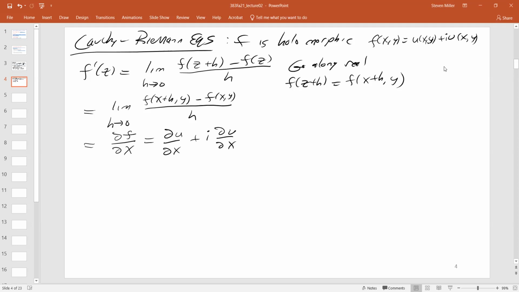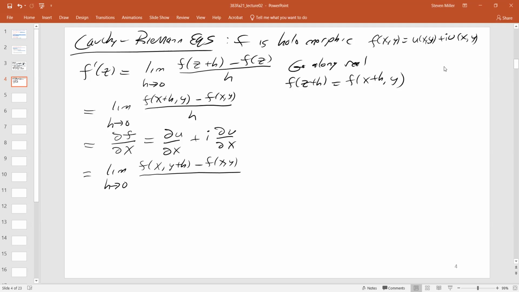Yeah, let's go along the imaginary. So it's also going to be the limit as h goes to 0 of f of x y plus h minus f of xy. Now we're going to think a little bit about what comes down below. So what would be down below? So would it be ih?